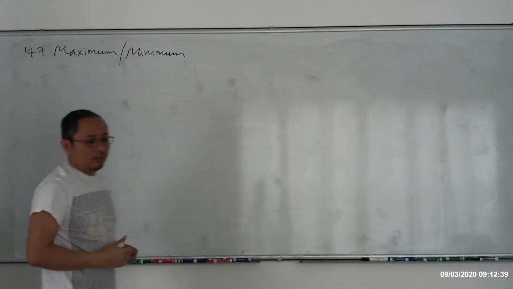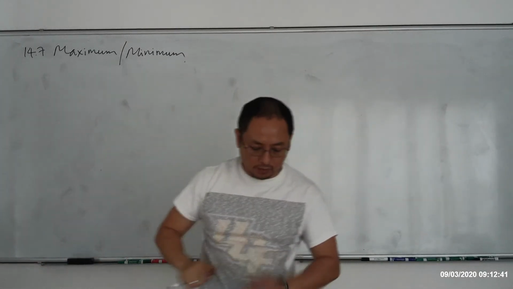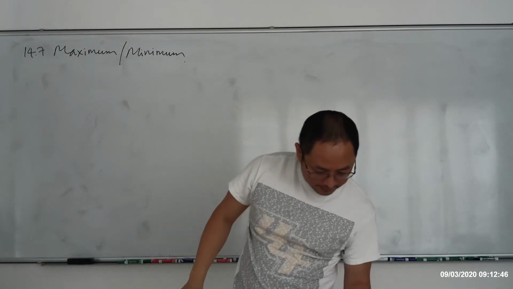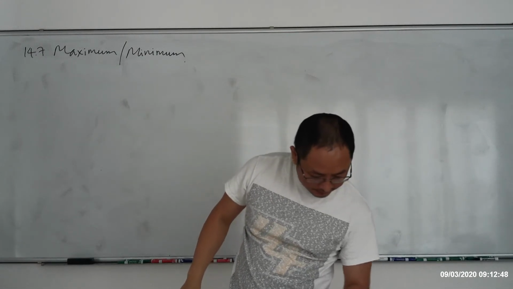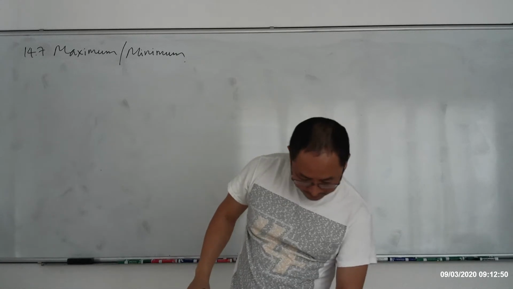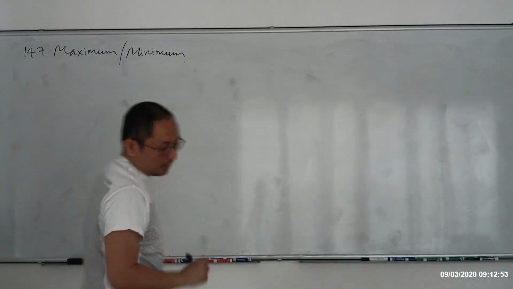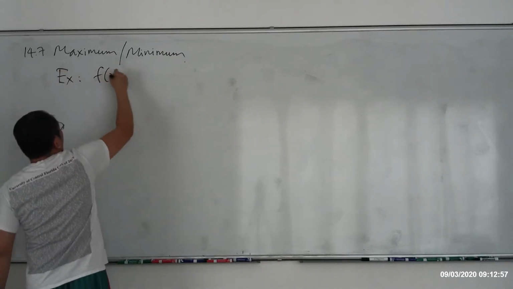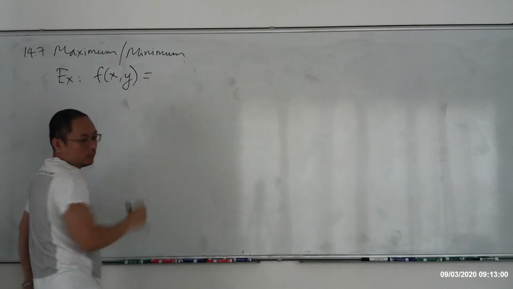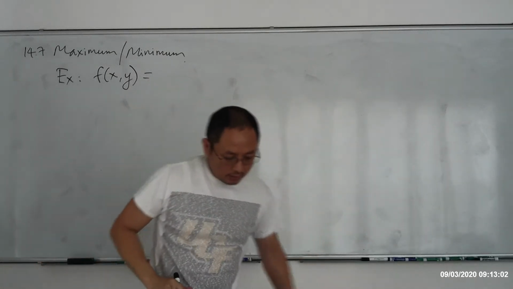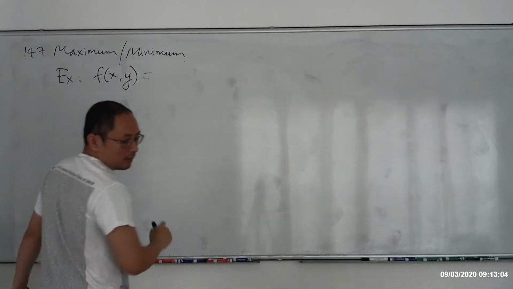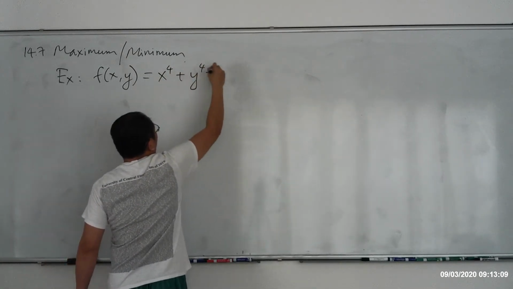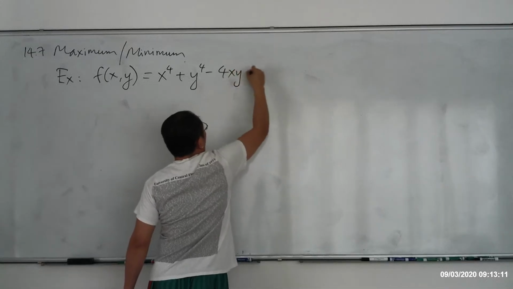Let me just use the example in the book so you guys can read it for your reference. Looking at the example, we have f(x,y) equal to x to the 4 plus y to the 4 minus 4xy plus 1.